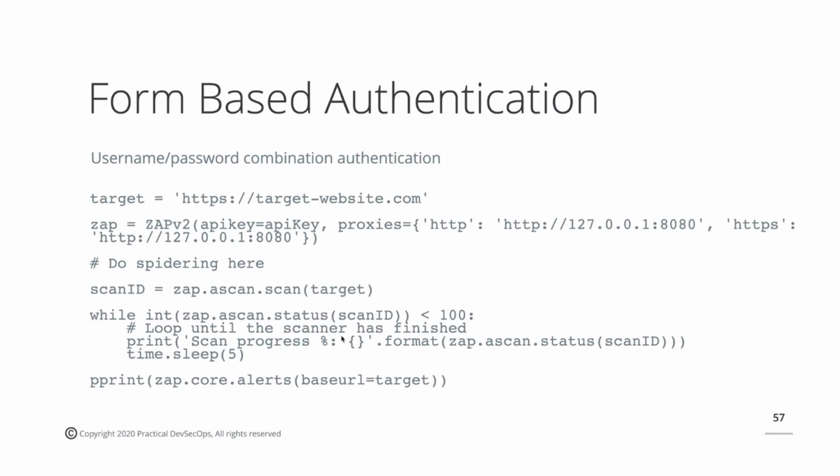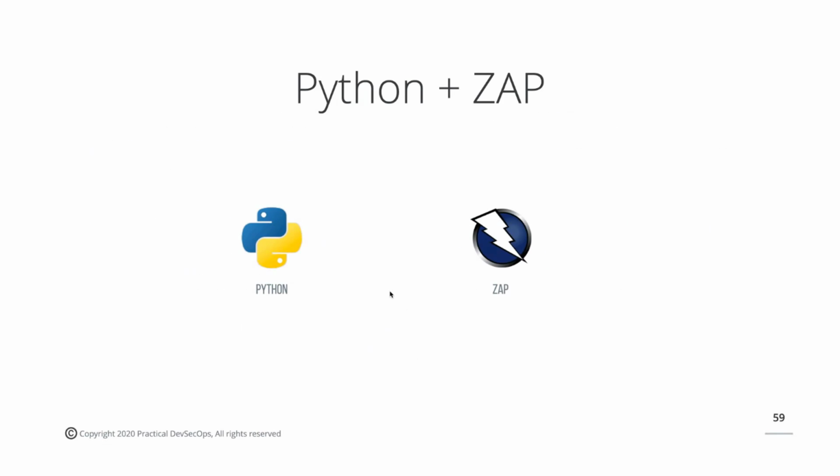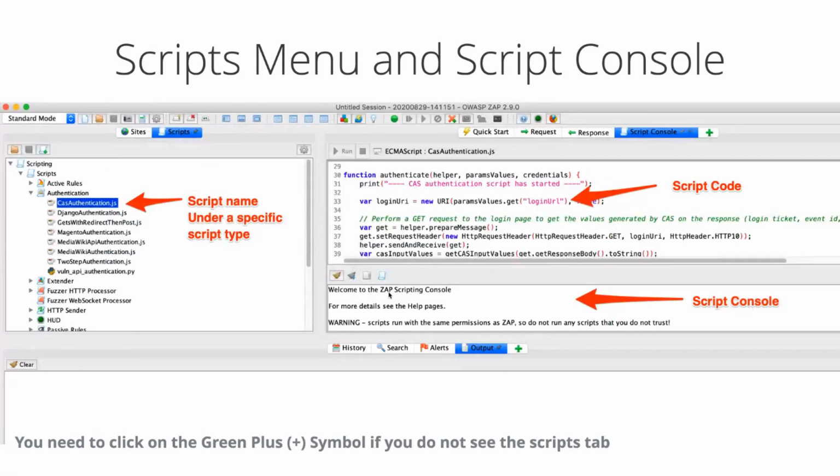I'll talk about this. This is a simple example of form-based authentication. And then, hold on, ignore this. Not that. Okay, now here is what you have to do for authenticated scans. You have to write custom rule sets, custom scripts, which will help you do 3 things.